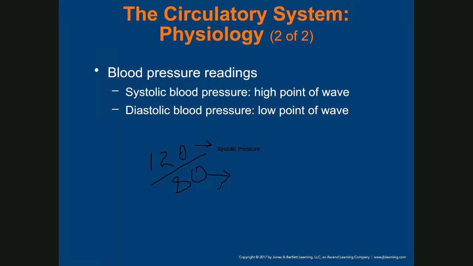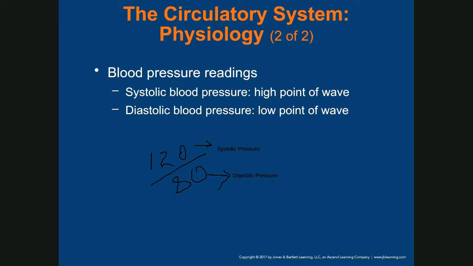And the bottom would indicate your diastolic pressure, right? That's how it is written. Top number is your systolic pressure, bottom number is the diastolic pressure.